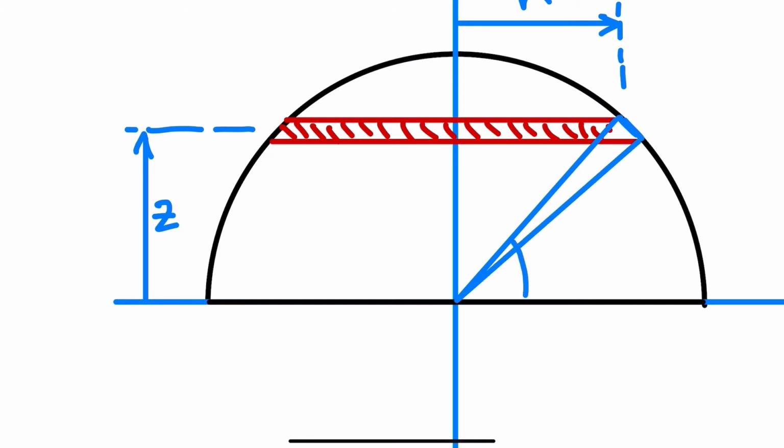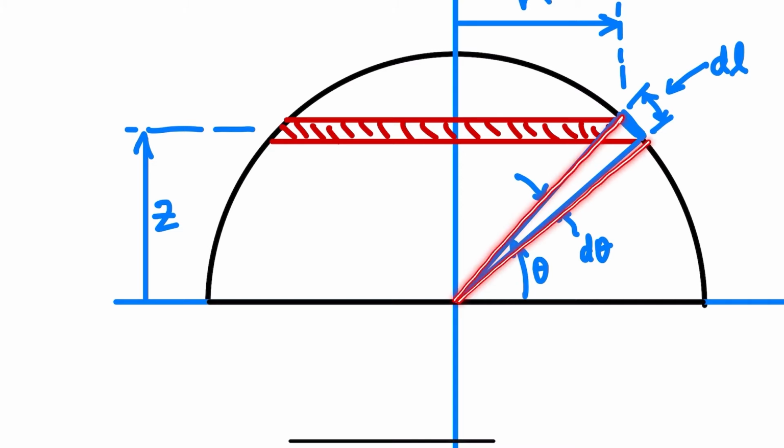So this would be theta, the angle from the xy axis to this segment. The arc element would be d theta, and the specific length would be dl. This line is actually the radius, which will be your radius a.